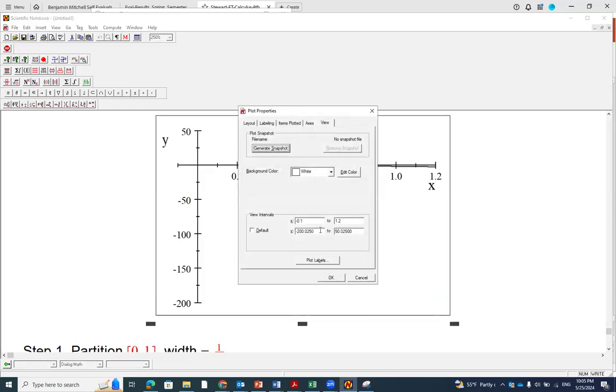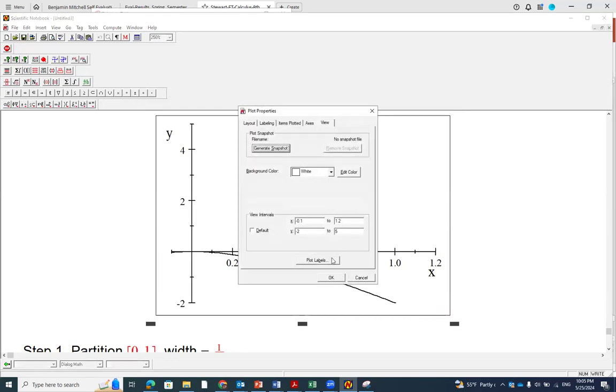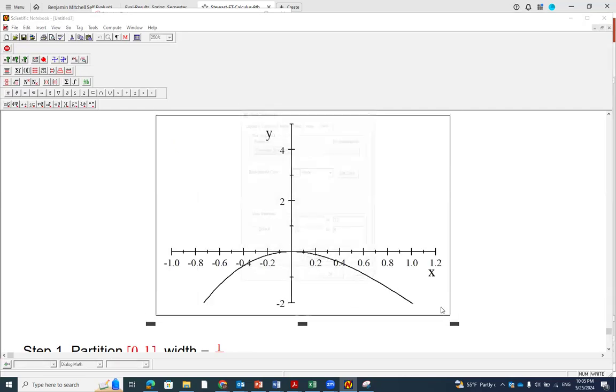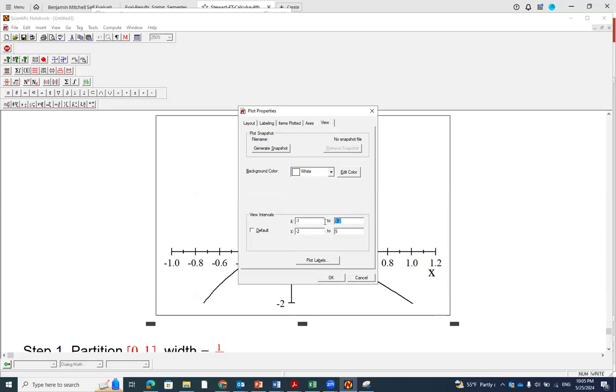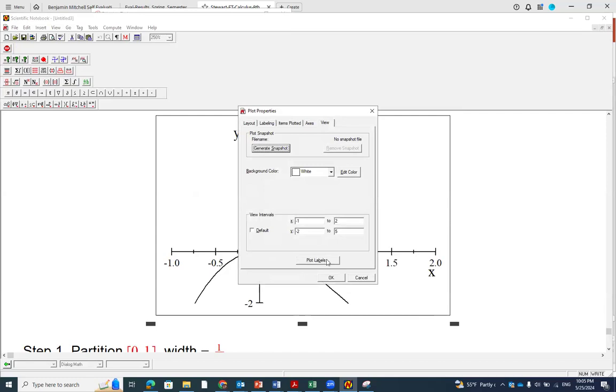Oops. That doesn't look very good. Let's see. So maybe -1 to 2. This is just so ugly. Okay. -1 to 7.